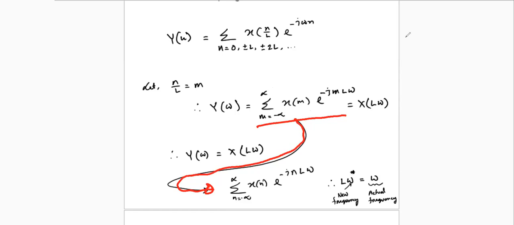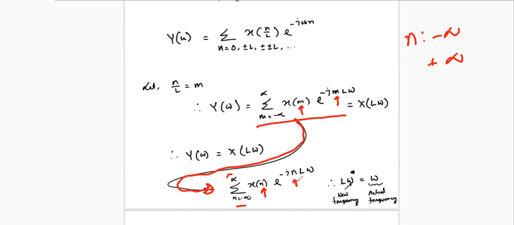Again, what is the limit of n? Again, the limit of m is from minus infinity to plus infinity. If that is so, can I replace the m with n? The answer is yes. So that's why I am replacing this m with n, and also this m with the n value, and e to the power minus j m with n value. Yes, sir, I understood now.